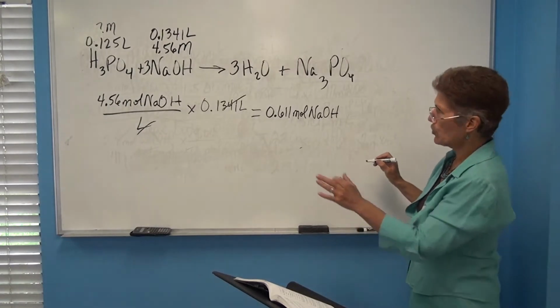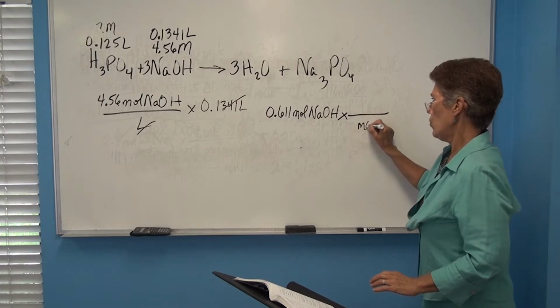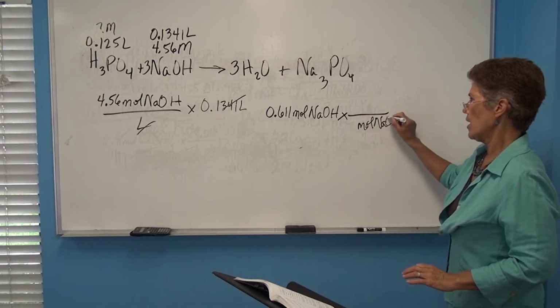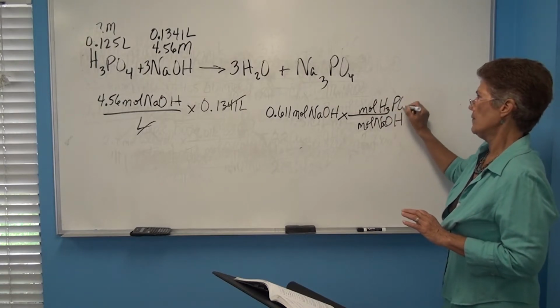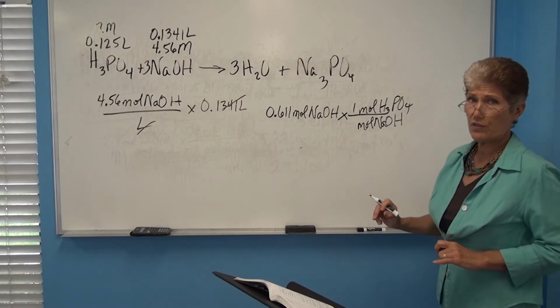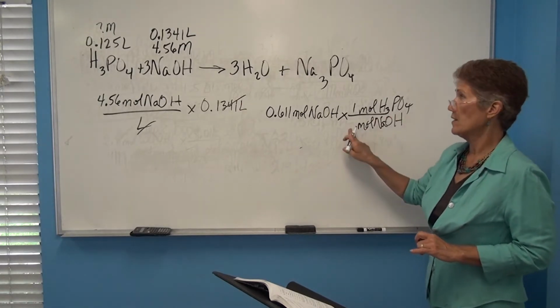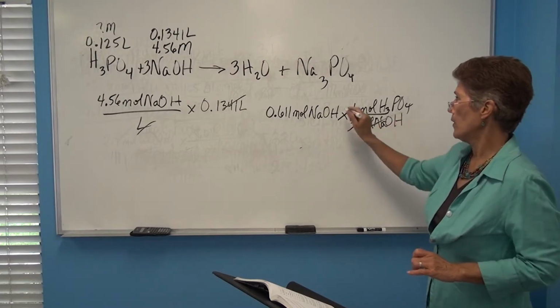And then we have to go across the mole bridge, so I'm going to go times line, moles of sodium hydroxide to moles of phosphoric acid. Notice there's a 1 in the stoichiometric coefficient for the phosphoric acid. This one gets a 3. And so that'll cancel.